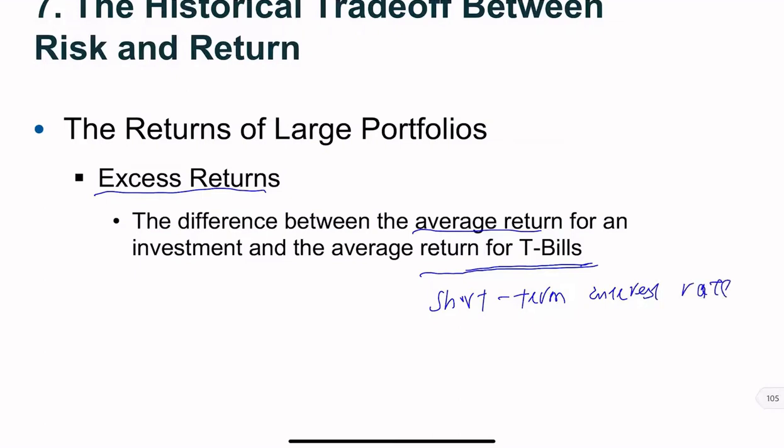So essentially, excess return can be calculated as return minus interest rate. Let's call this interest rate I. So it's return minus interest rate.